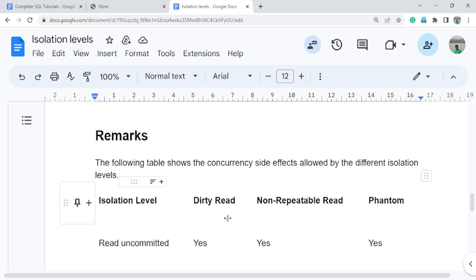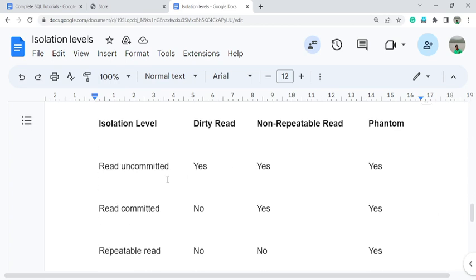This table will give you a clearer picture. Read uncommitted is the very lowest level, so there is a possibility of dirty read, non-repeatable read, and phantom read. We have three types of read problems. For read uncommitted, dirty read is yes, non-repeatable is yes, and phantom is yes.